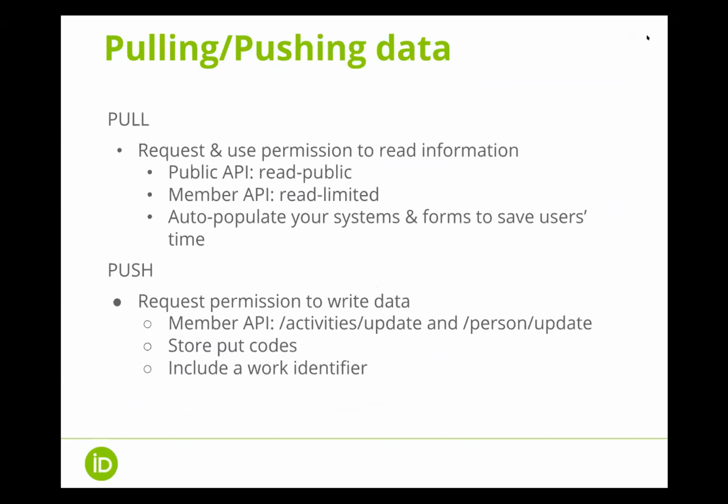And very important to obtain permissions to import data from ORCID into your repository, or to share and write your data into the ORCID registry. If you want to import, you need to request permissions to read information. This can be done with the public API, and you can use the scope read public, meaning with the public API, you can collect permissions to read or import any data in the ORCID registry that has been marked as public.